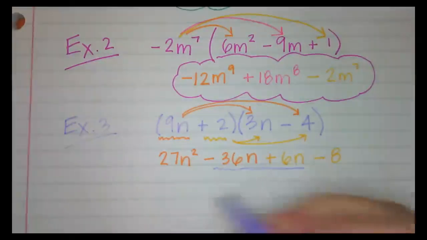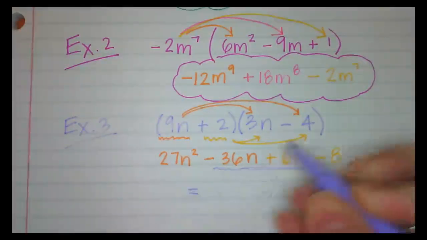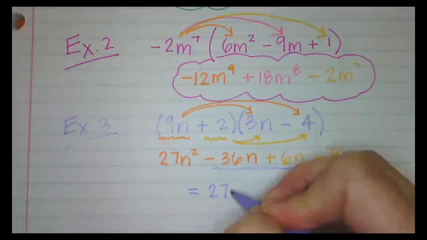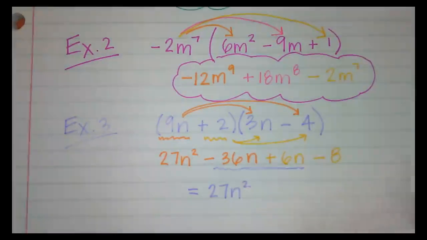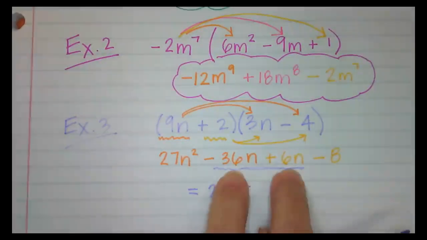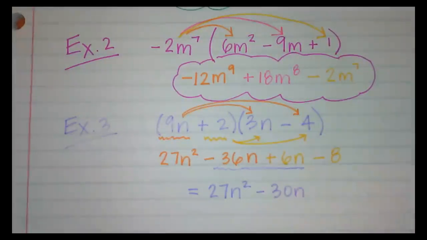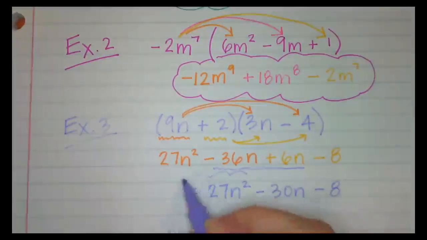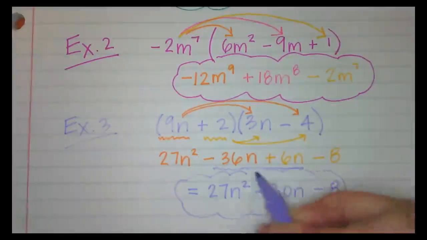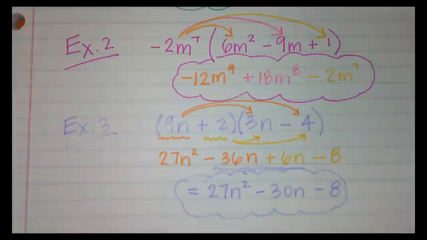So the final answer to this is going to be 27n squared, and I combine the n's together to get negative 30n minus 8. And that is my final answer because I have no like terms left over, highest exponent, and then descending from there.